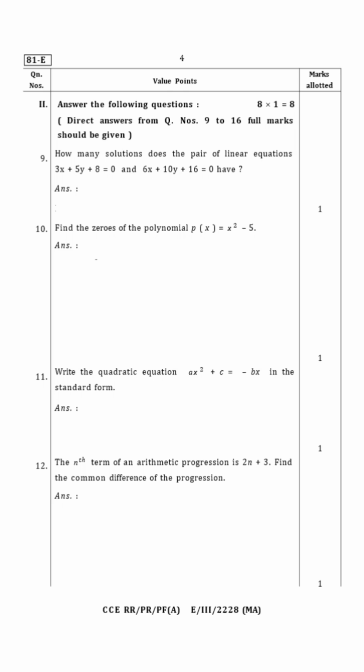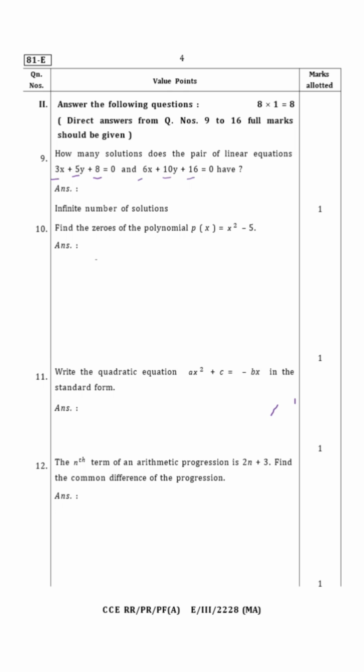Here we can observe that a1 by a2 is half, b1 by b2 means 5 by 10 is also half, c1 by c2, 8 by 16, is also half. So a1 by a2 is equal to b1 by b2 is equal to c1 by c2. So the pair of linear equations have infinitely many solutions.